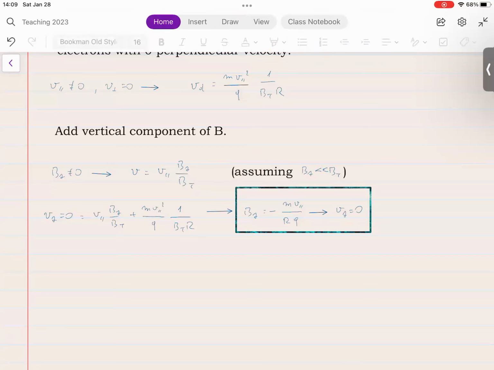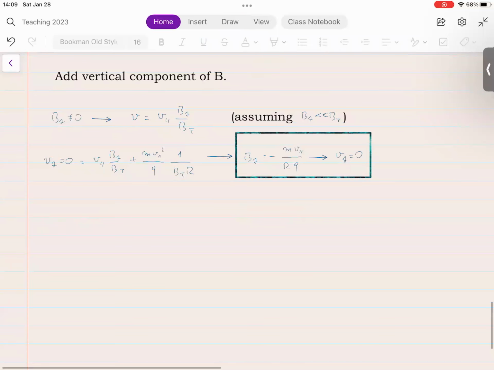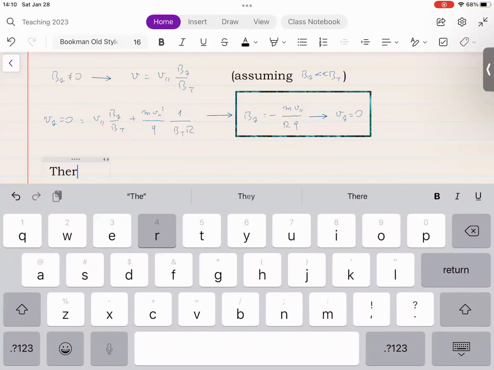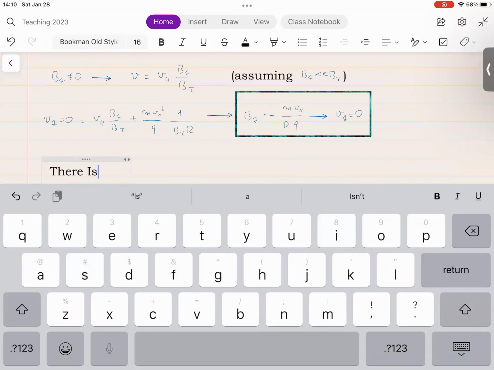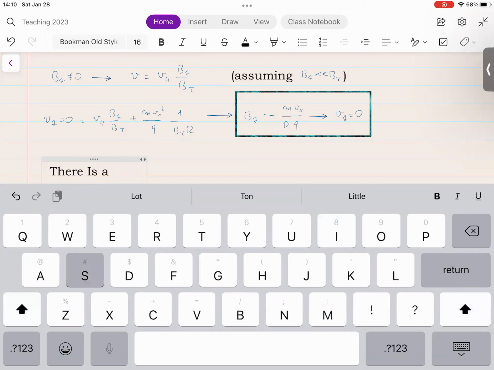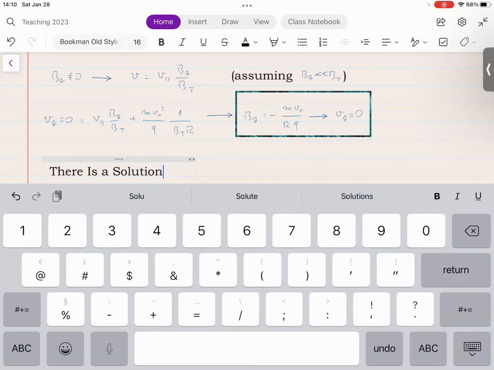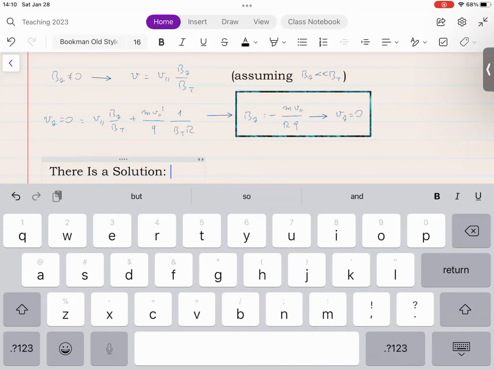Is that the end of the story? Of course not. We know that we can't confine plasma. Indeed, there is a solution. And that solution, sorry about that, is what's called the rotational transform.